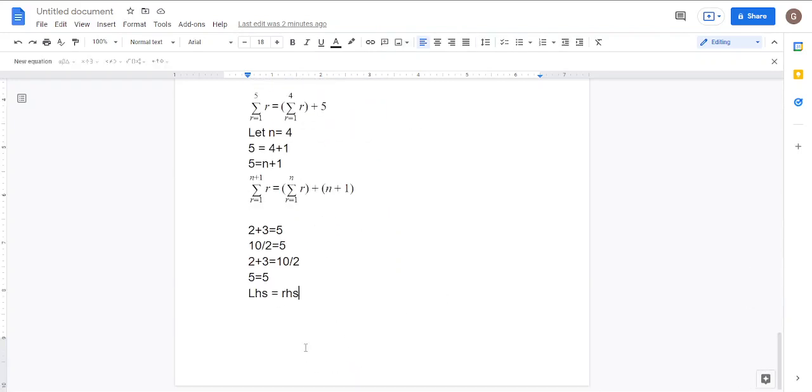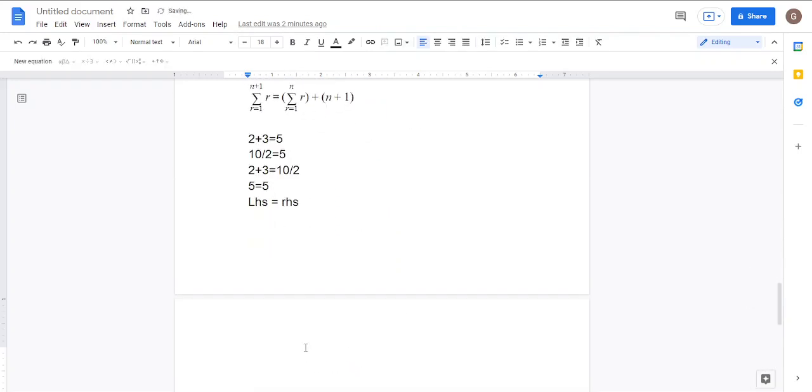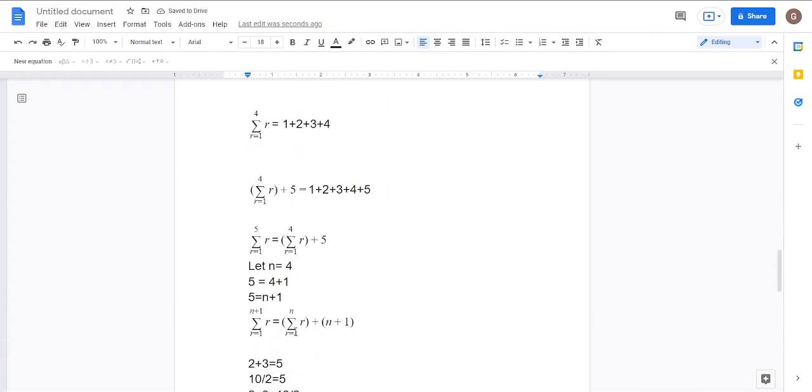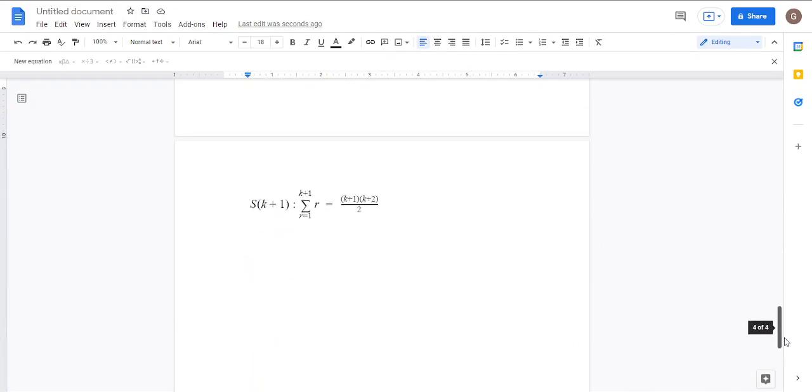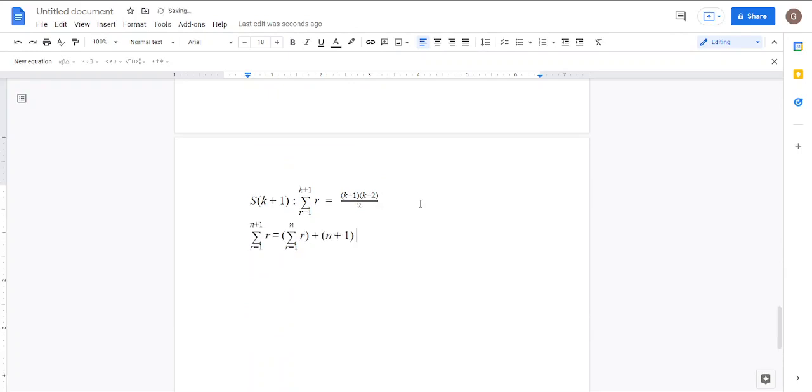Let me go on a new page. All right, so let's paste that. So that's what we're proving right now. This part here that we just went through. So let's say that this is the same thing as S of n plus 1.